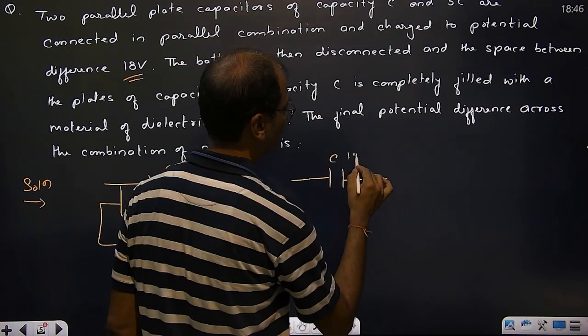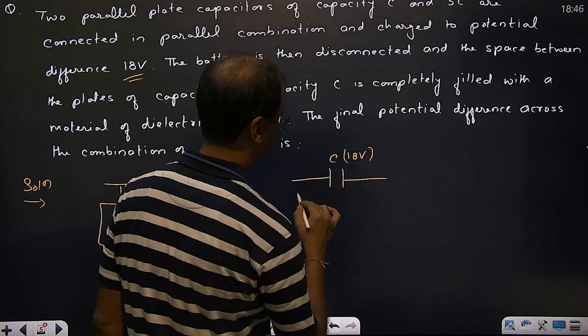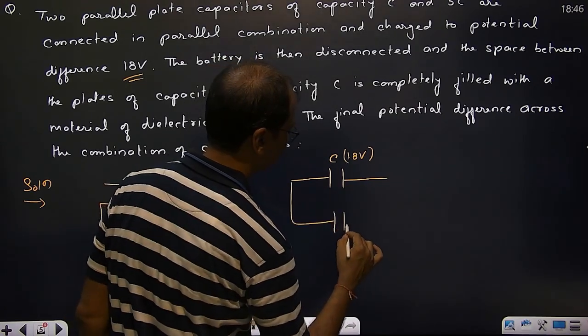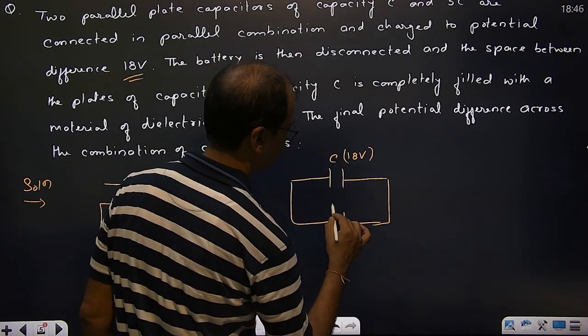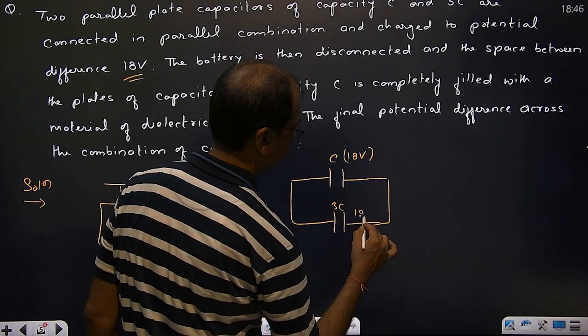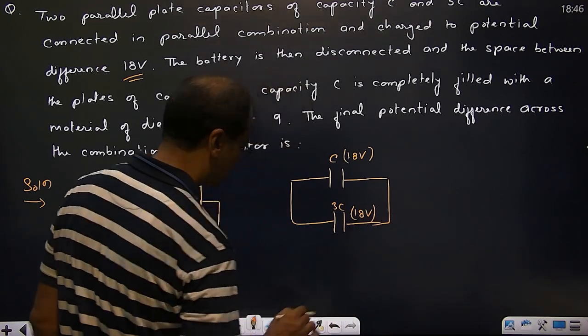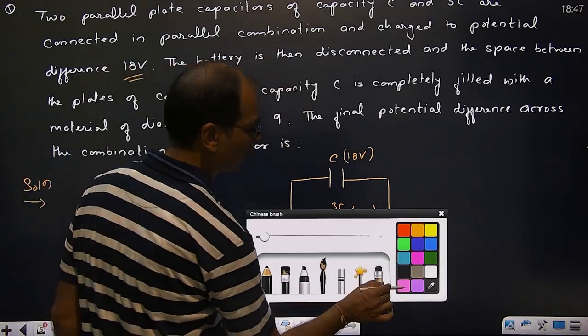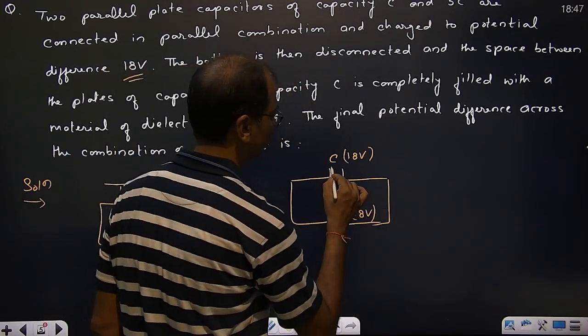So here is this C, potential difference is 18 volt here. Another one is 3C, and here also the potential difference is 18 volt. Now what you have done is inserted a dielectric here.